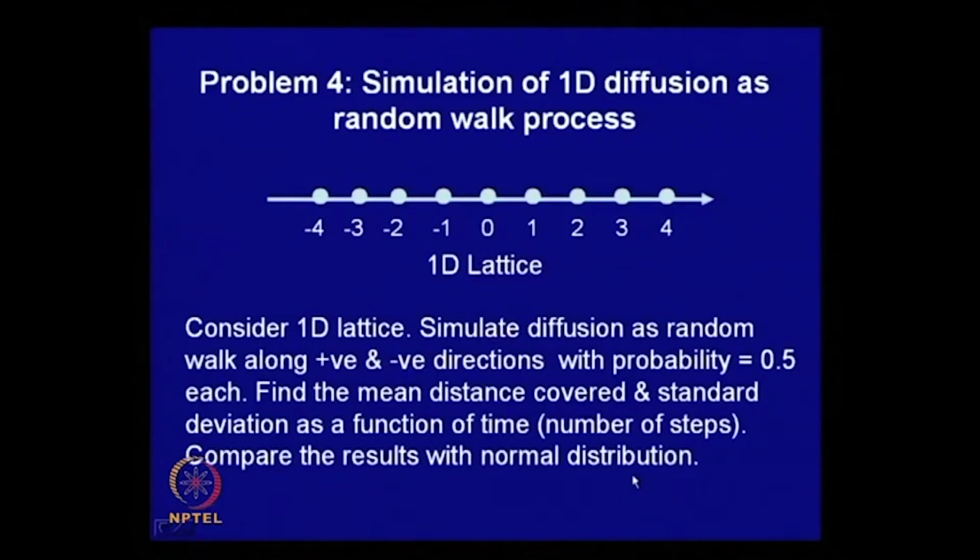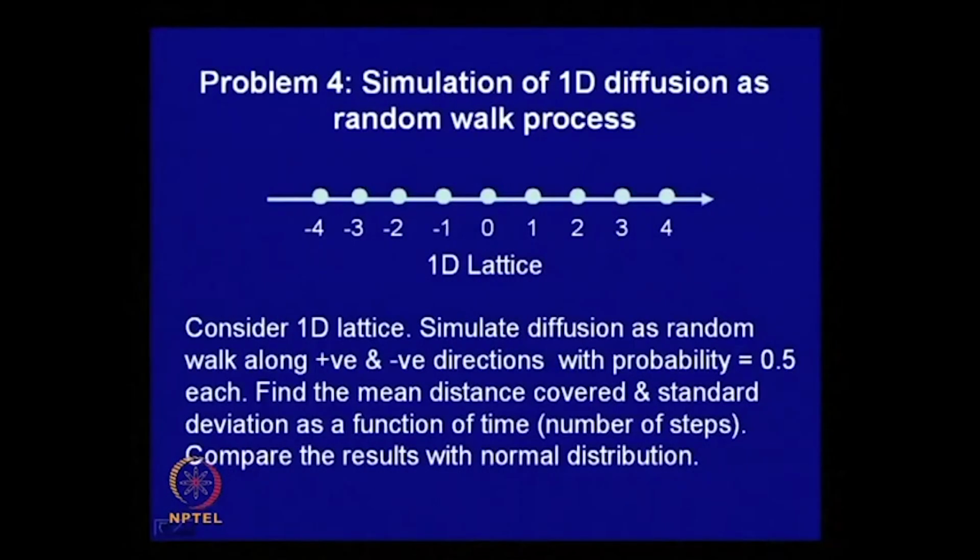Now, during the lecture we have talked about the actual process of diffusion as one of random walk. Let us see whether it is possible to simulate the movement of atoms.